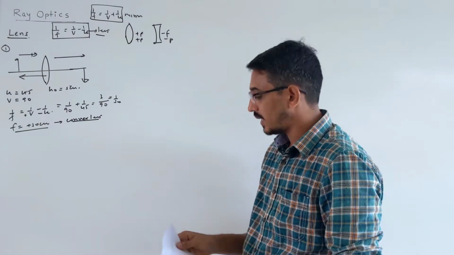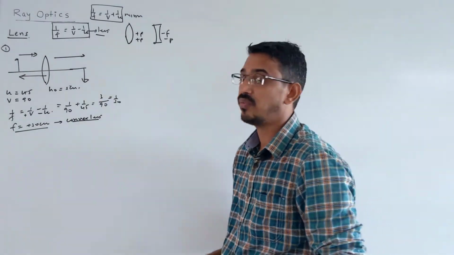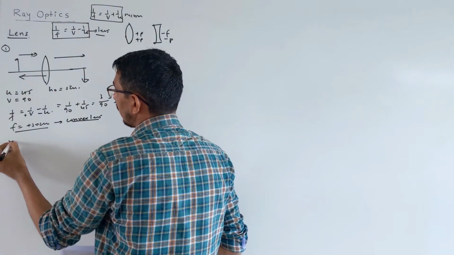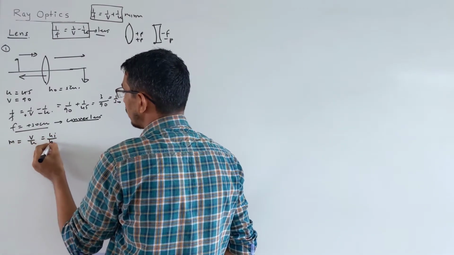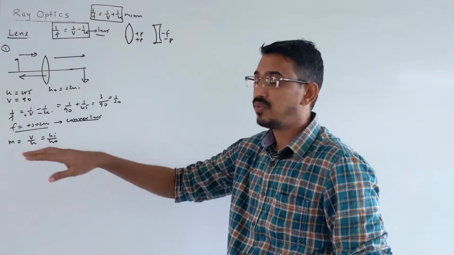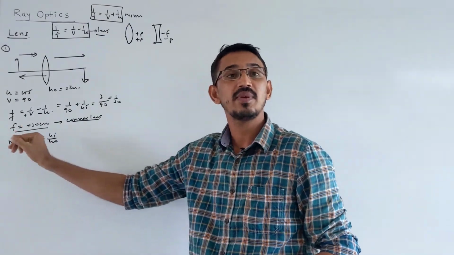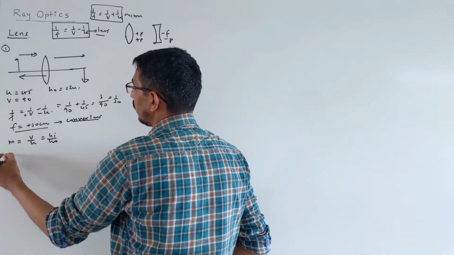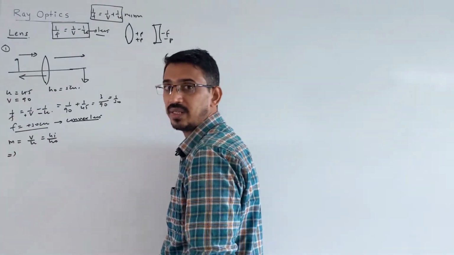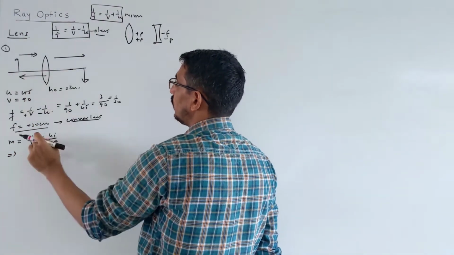Next, they ask what is the size of the image? So we can find the magnification. Magnification is v by u, or you can write hi by h naught also. Remember, the magnification in the case of a mirror is minus v by u. I told you these things already. V and u both we know. Here you have to put the sign convention again. V is positive, u is negative.